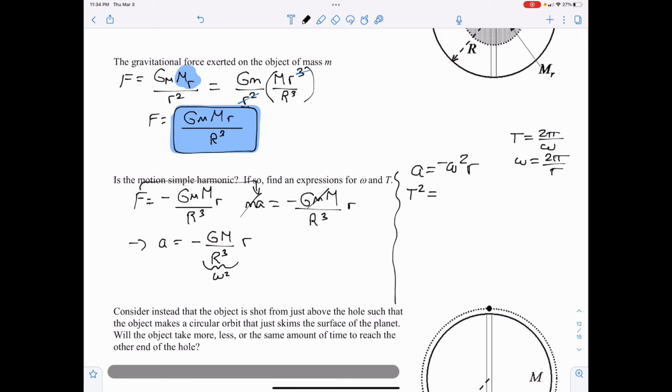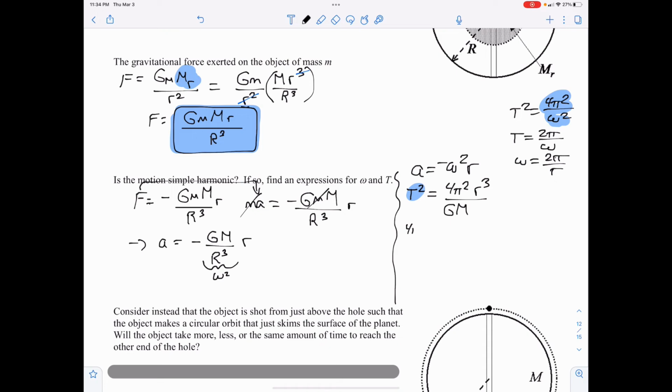So T squared is 4 pi squared over omega squared, right? And we've got T squared equals 4 pi squared r cubed over big G big M. Now I'm just going to substitute that for that.